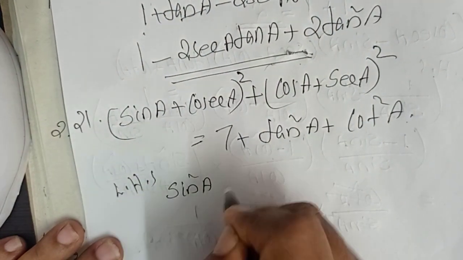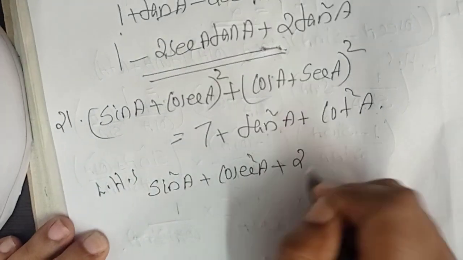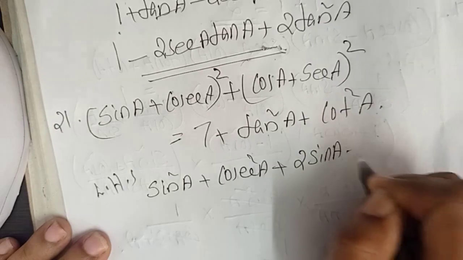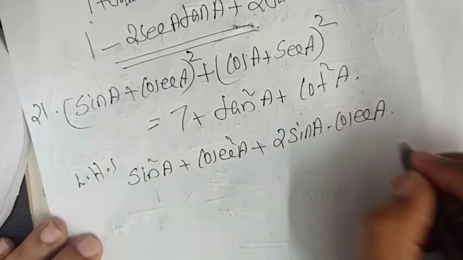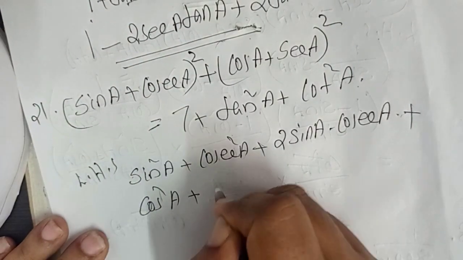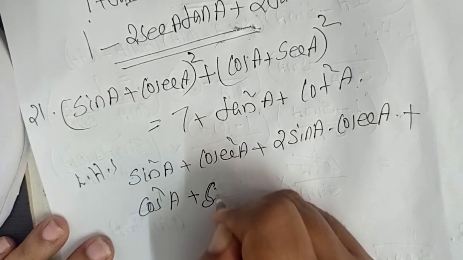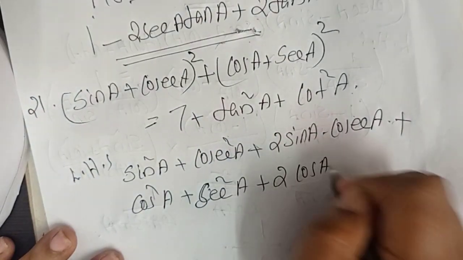Sin square A plus cosec square A plus 2 into sin A into cosec A. That is the expansion of the first term. Plus second expansion cos square A plus sec square A plus 2 cos A into sec A.